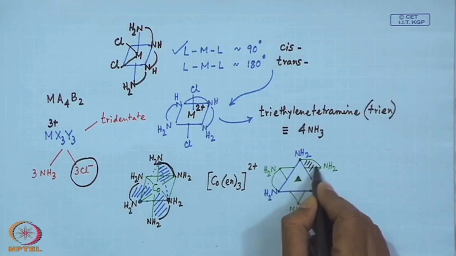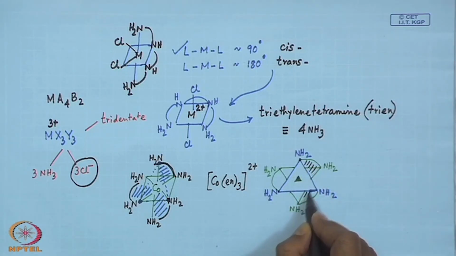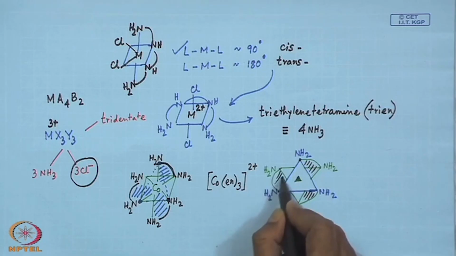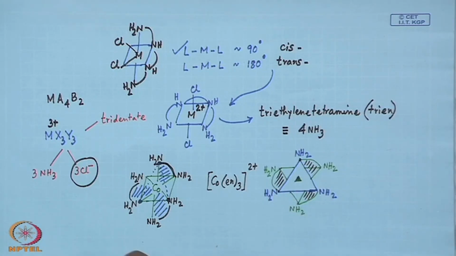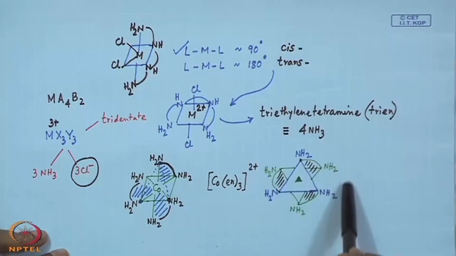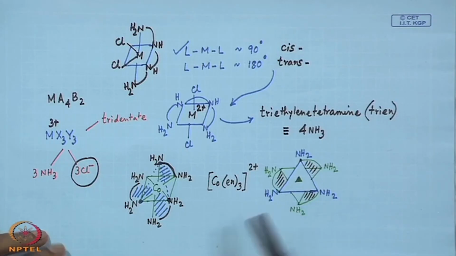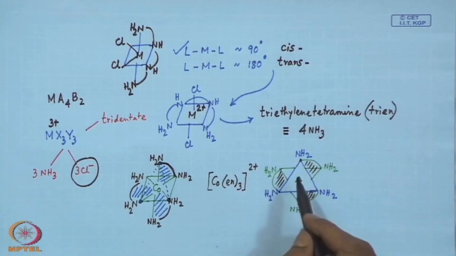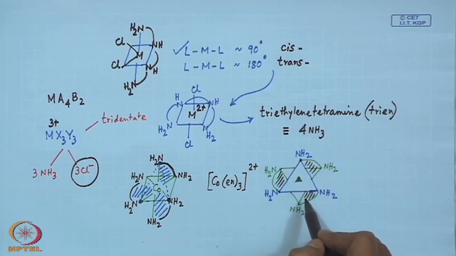So we have one plane like this, the second plane like this, and the third plane like this. So once we move from here to here, here to here, here to here, we basically get a clockwise movement. We can consider this as some propeller blade type of arrangement.